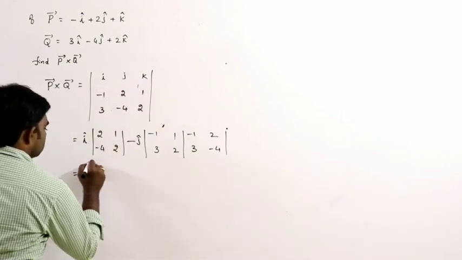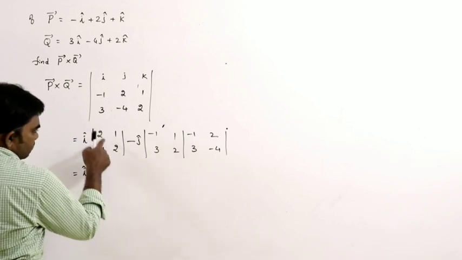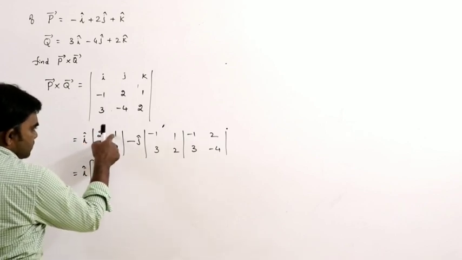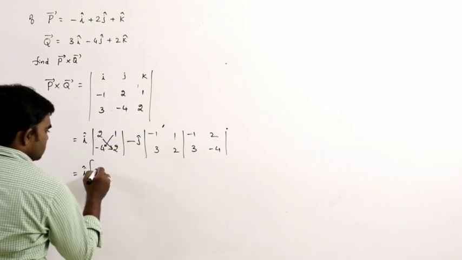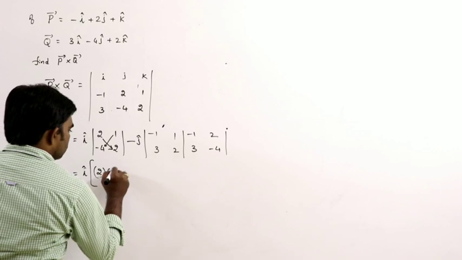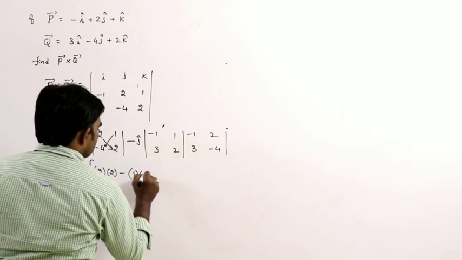i cap into, so A B C D, what we have to do? AD minus BC. So that is 2 into 2 minus 1 into minus 4.